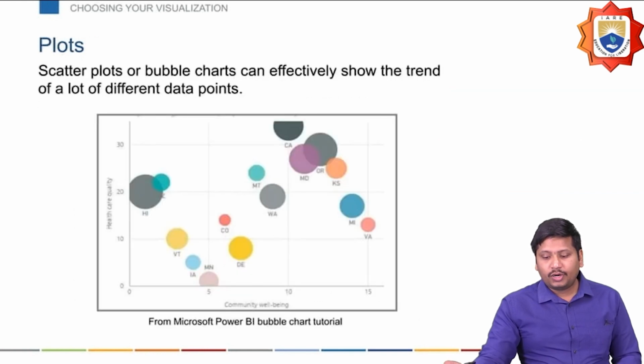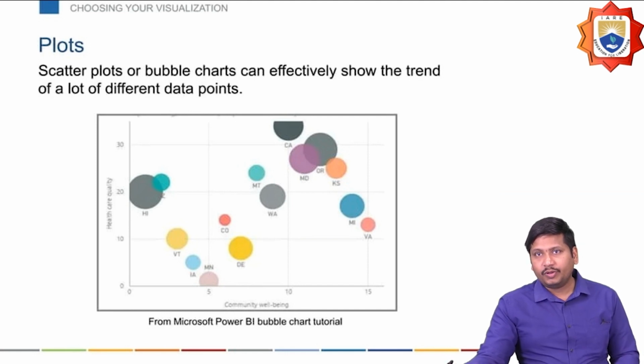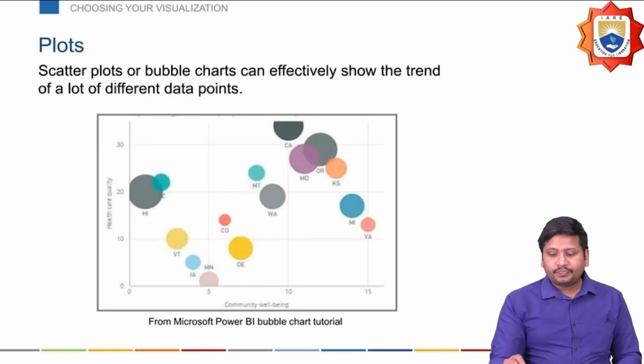And next is the plots. Plots are also a kind of data visualization. Normally you can call them bubble plots or scatter plots, which effectively show the trend of plotted points.